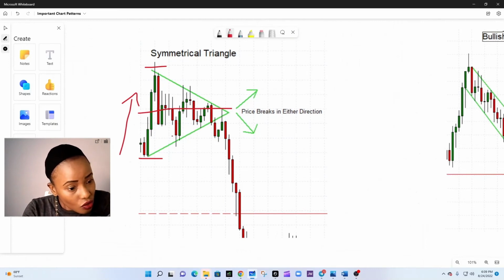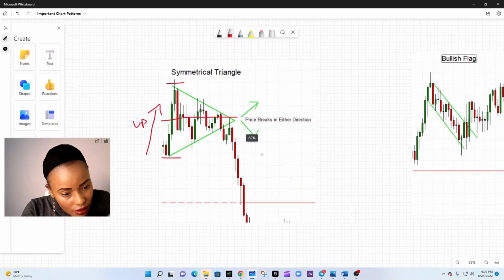Then during consolidation, the consolidation pattern formed a symmetrical triangle. So you're not able to know which direction this price will break out. It may break out in the upwards direction and continue with our uptrend market structure, or it may break out on the reverse side and change direction.